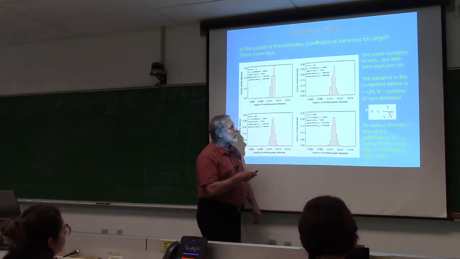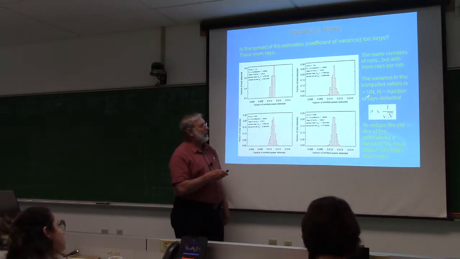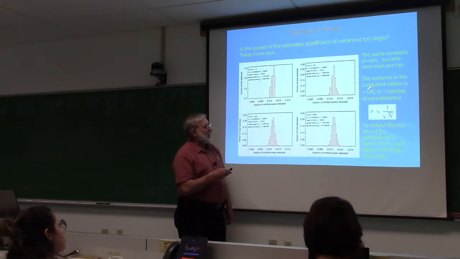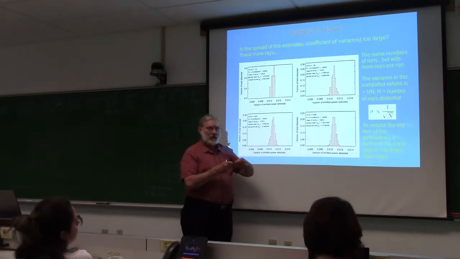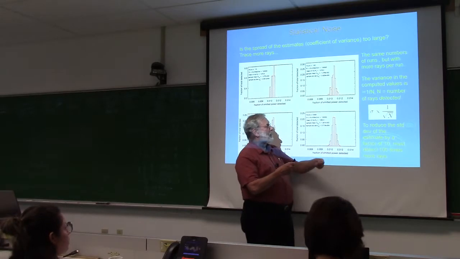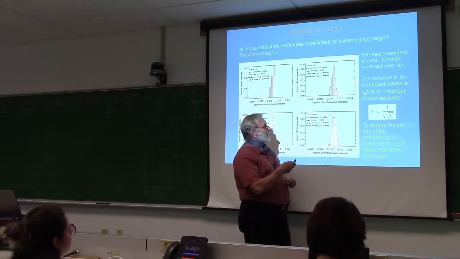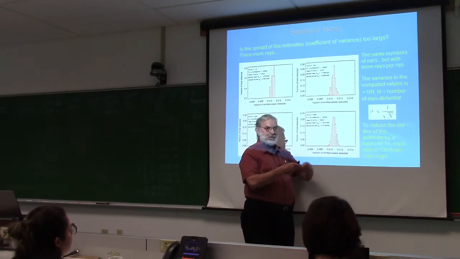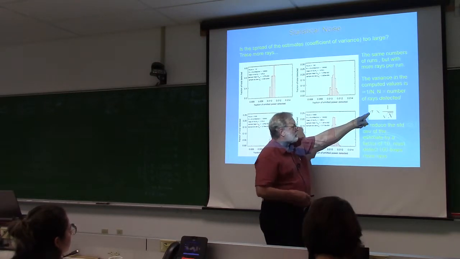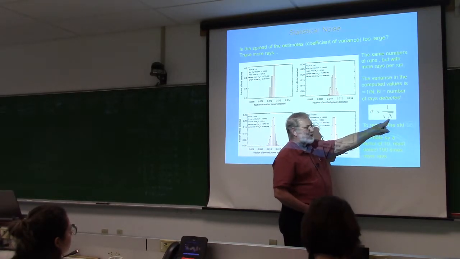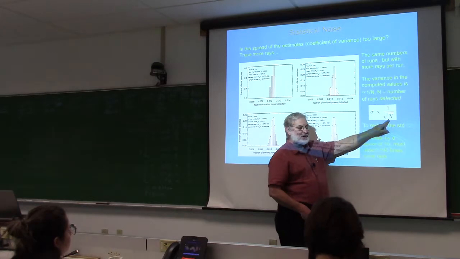And there's a very general result in probability theory that says as you trace more and more photons, the variance is proportional to the number of rays detected, or the standard deviation is proportional to 1 over the square root of the number of rays.